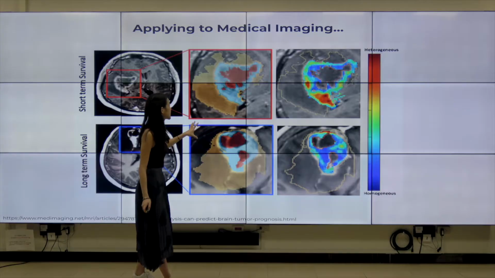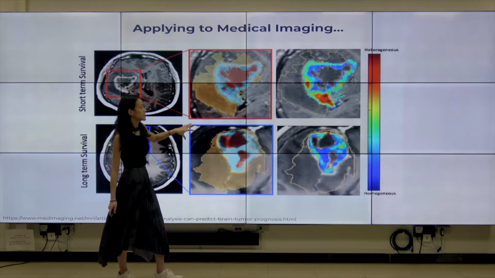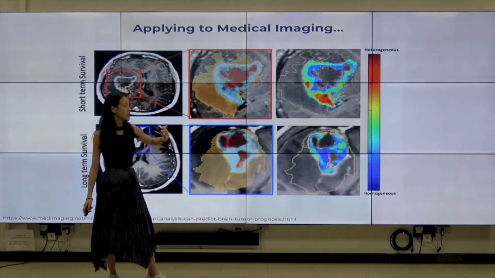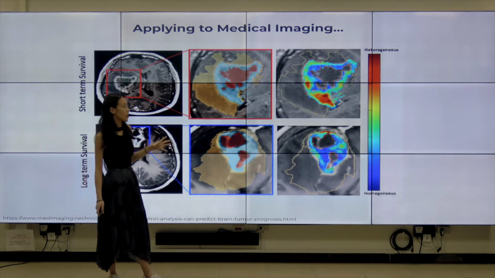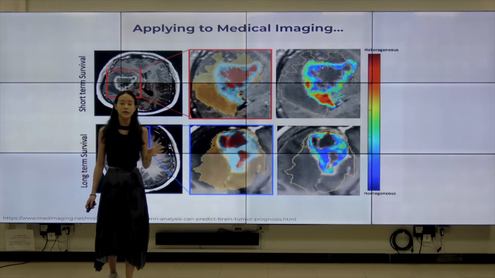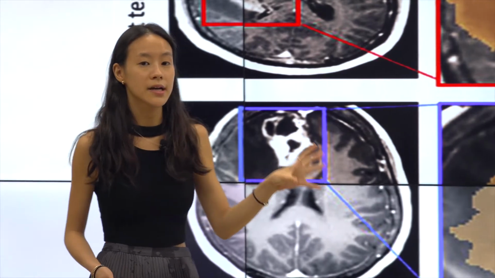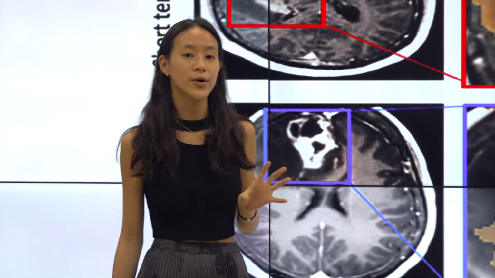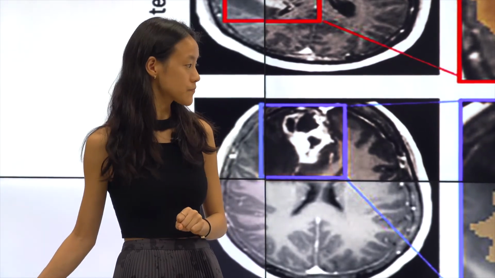In this case, there were a lot more red parts. A lot of the time, depending on, for example, the volume or the surface area analysis of the tumors, they're able to come to a conclusion on whether or not you would have a short or long-term survival rate.